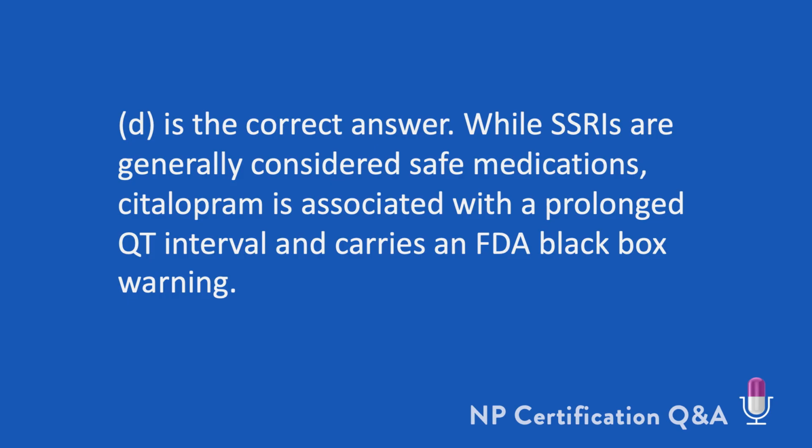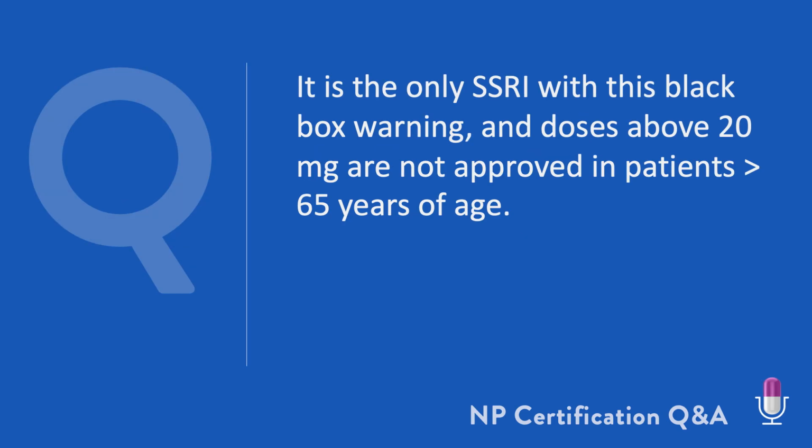While SSRIs are generally considered safe medications, citalopram specifically is associated with a prolonged QT interval and carries an FDA black box warning about the risk of prolonged QT interval. It's the only SSRI with this black box warning, and doses above 20 milligrams are not approved in patients over 65 years of age.